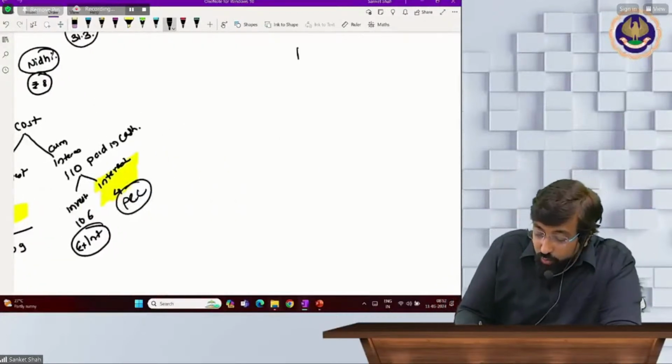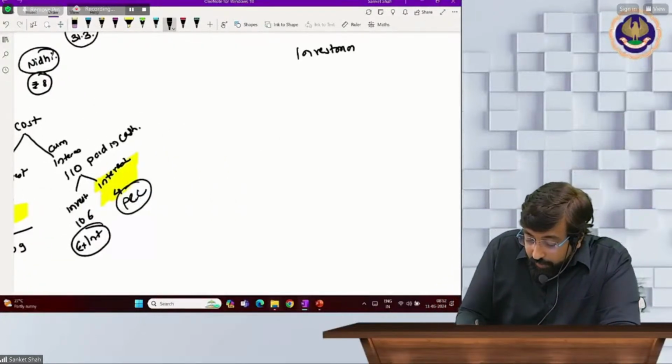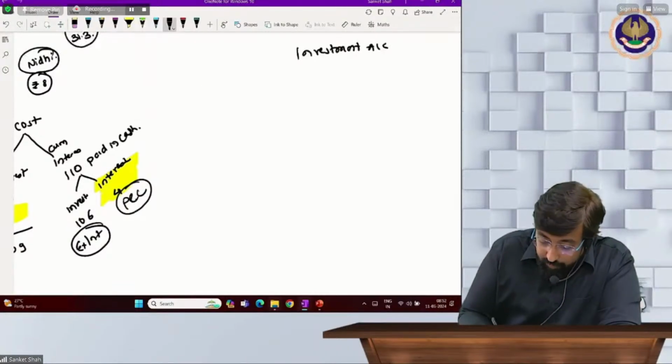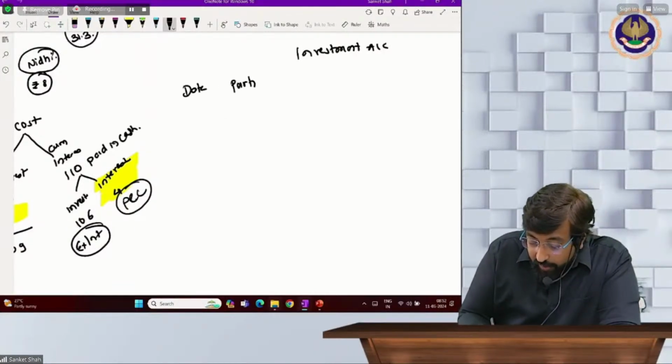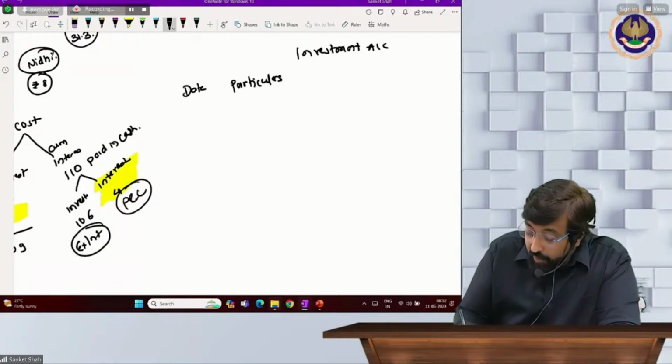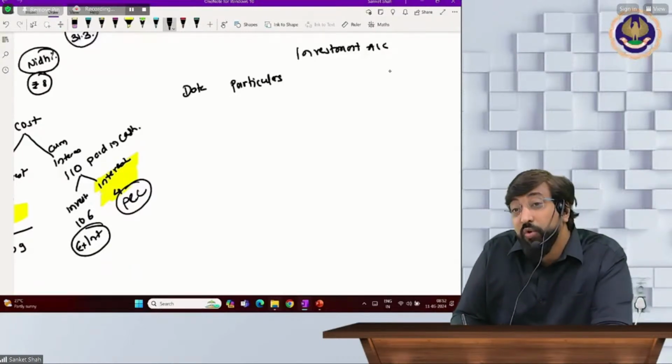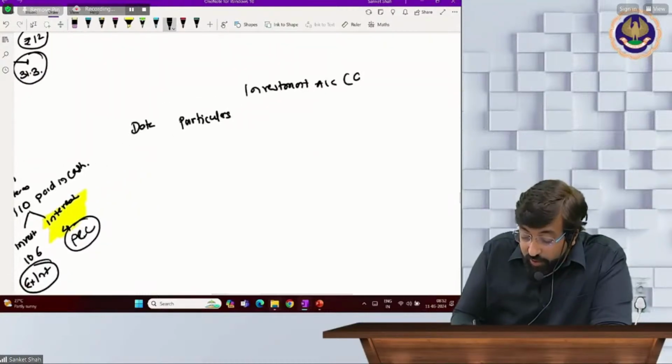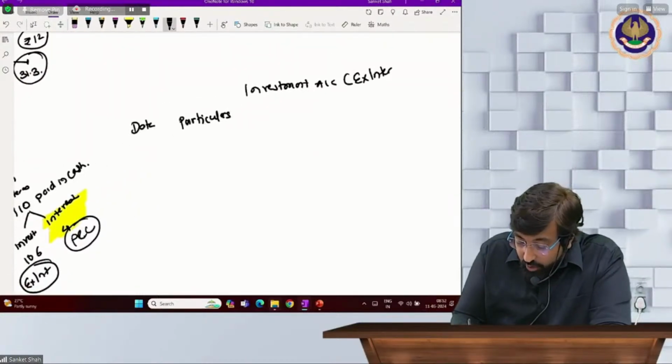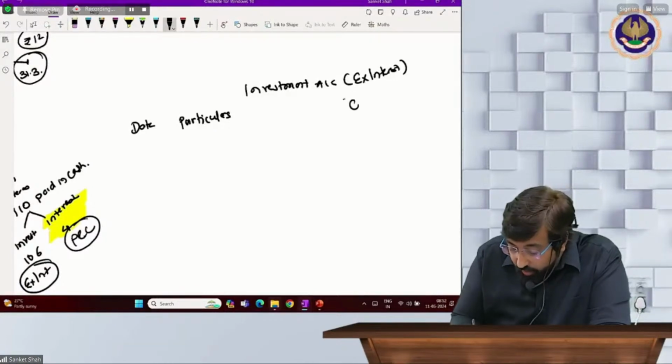Now, sir, how am I going to book this investment account? See, I will prepare the date column and particulars column. The investment account is always shown at which price? Ex interest, excluding interest. So this is my cost.